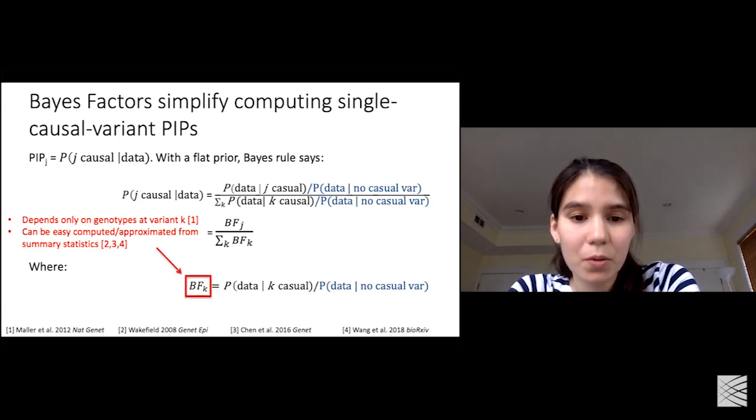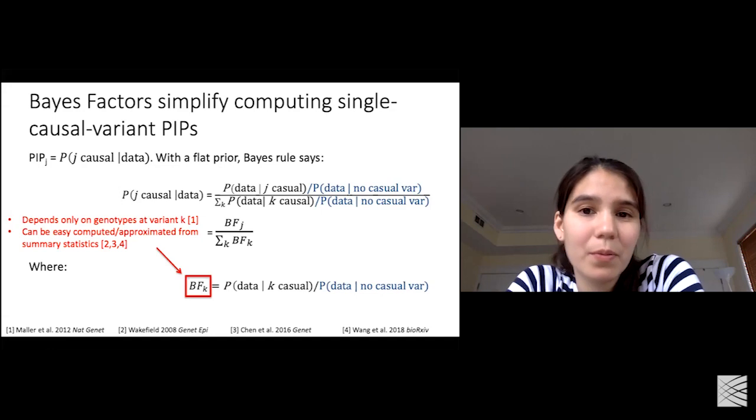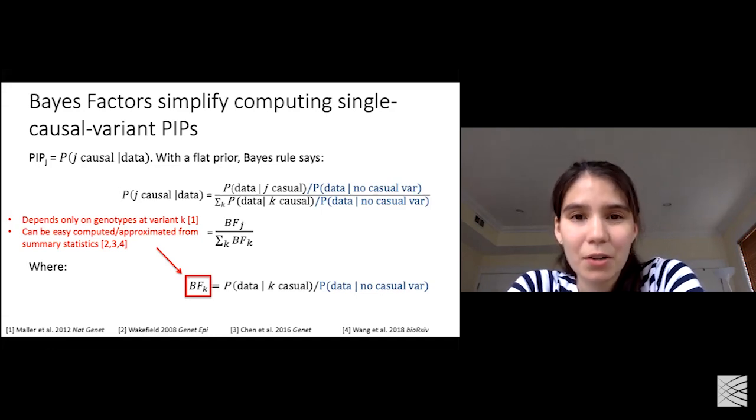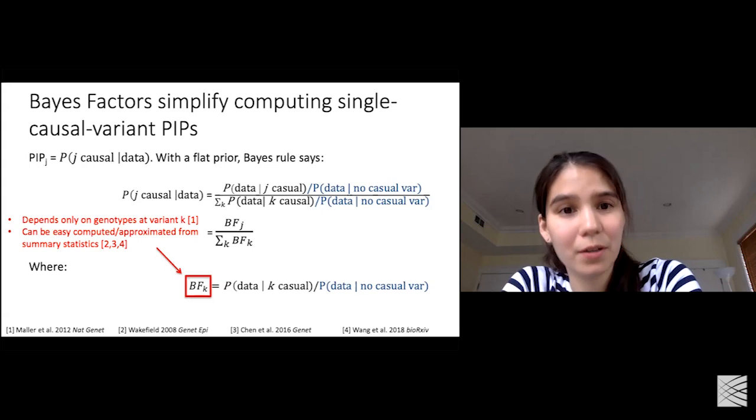Your Bayes factors don't depend on any variant except the variant that you're computing the Bayes factor for. And I think that's part of why people like single causal variant fine mapping so much: it means there's no way to misspecify your LD. It's super simple and straightforward.